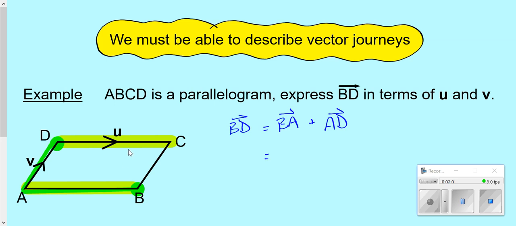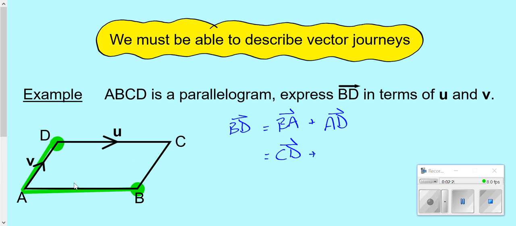They don't have a place. So the vector U can be up here from D to C, but it can also be down here from A to B. So that vector going from B to A is the same as that vector going from C to D. So BA is the same as C to D.